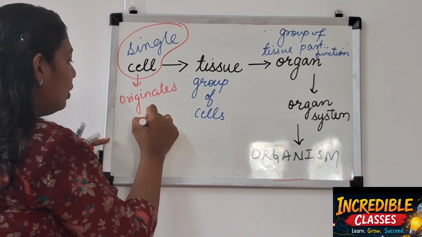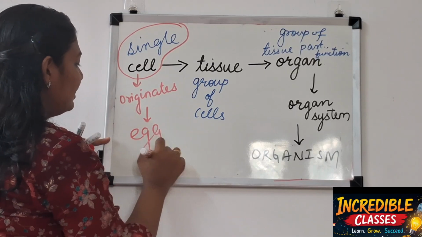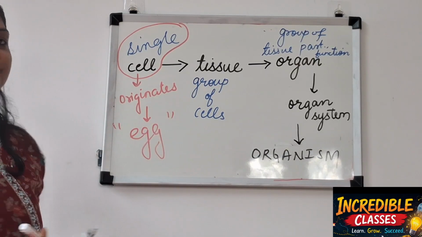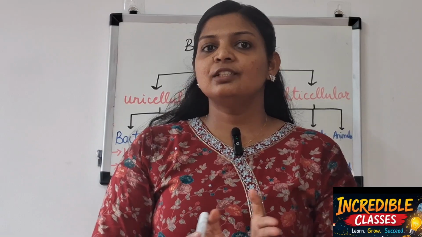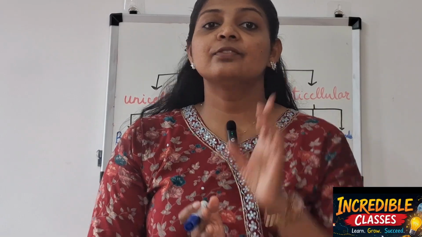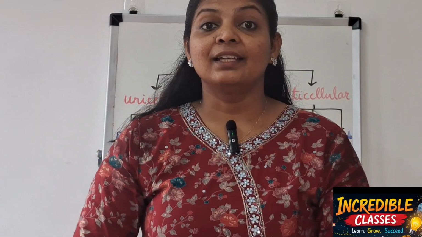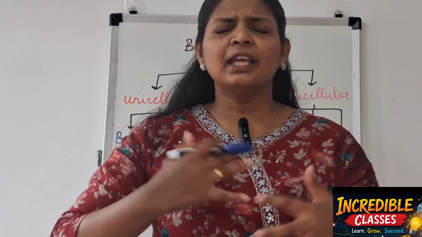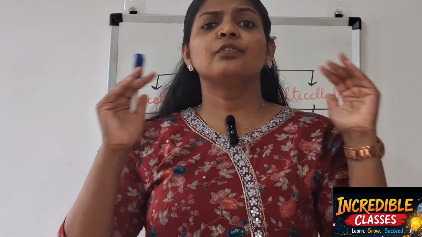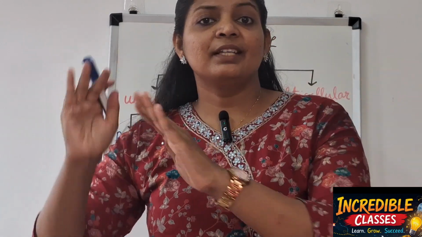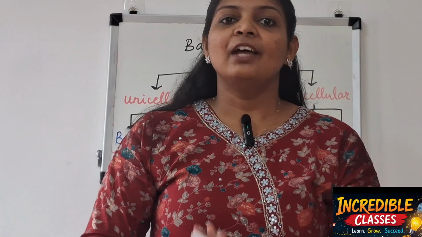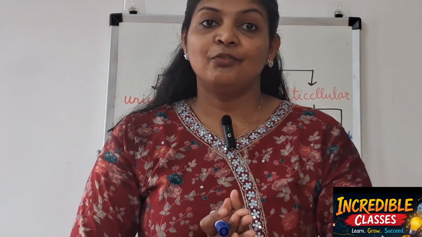And what is that called? It is called an egg. As I told you, life originates from a single cell called egg. This egg multiplies again and again to form the tissues, the organs and so on, and whole organisms are formed.